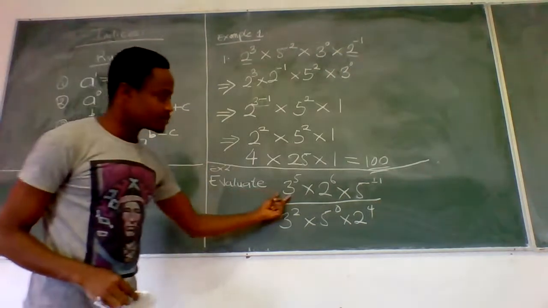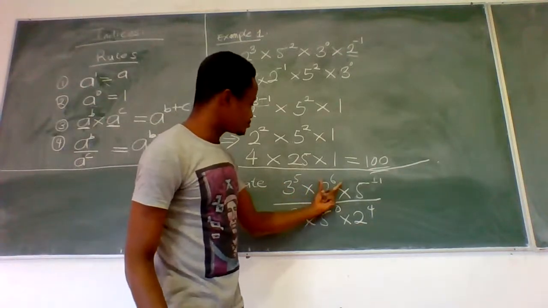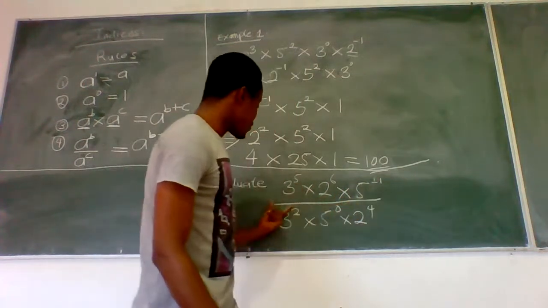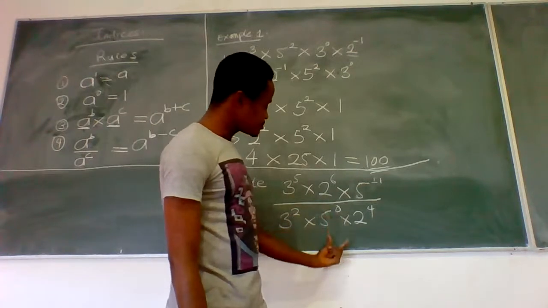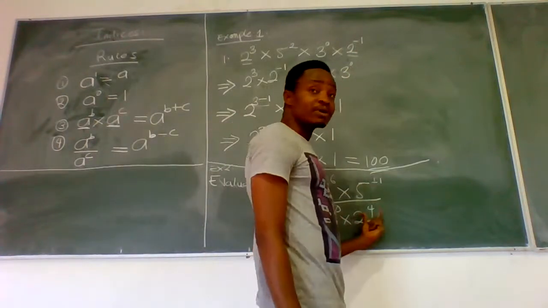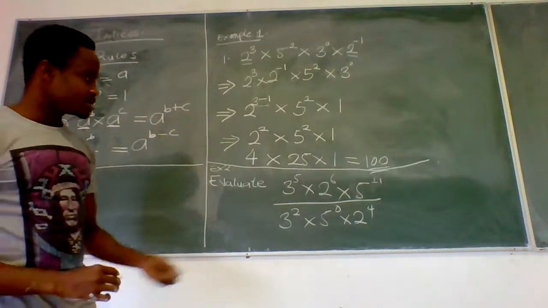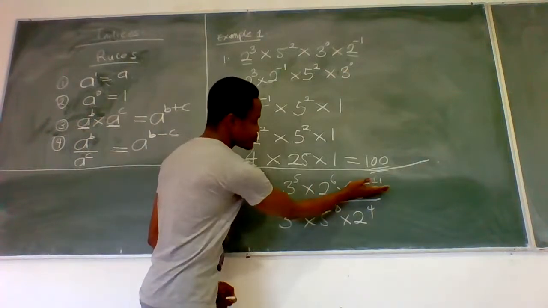So let's evaluate example 2. From here, we have this 3 power 5 times 2 power 6 times 5 power negative 1, all divided by 3 power 2 times 5 power 0 times 2 power 4. So first of all, since this one is dividing, we first check the top one.